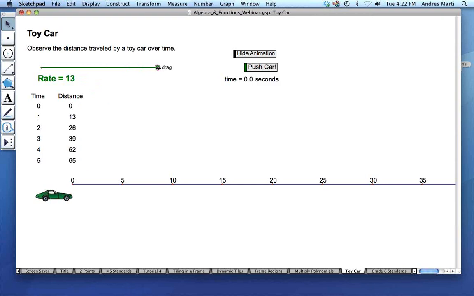There are many ways you can do this, but in this particular model, I think it's very helpful to have an animation where you can see, okay, you just saw the 2. Now what happens if I go up to 5 and you push the car? Well, you actually see the speed of the car increase. You see the distance increase over the same period of time as the time clicks on. And you can do this for various rates.